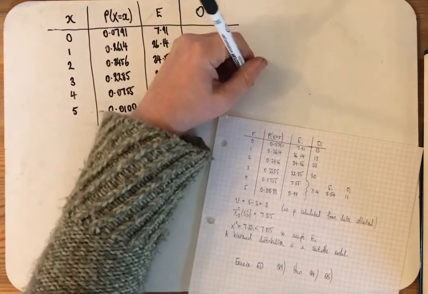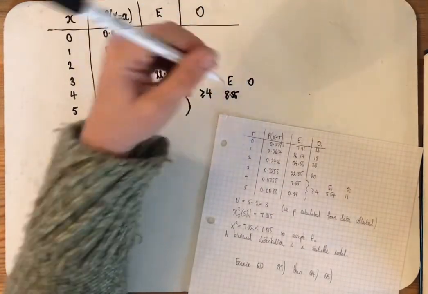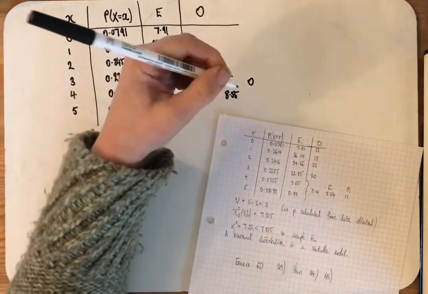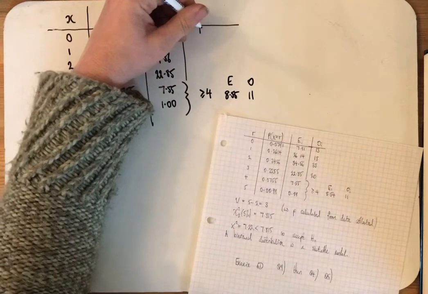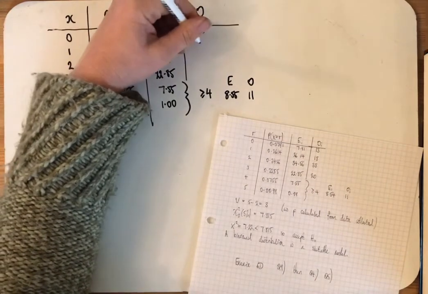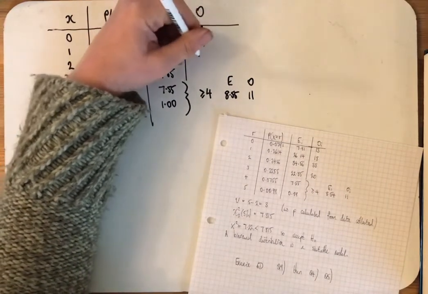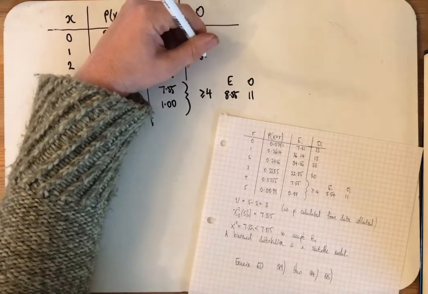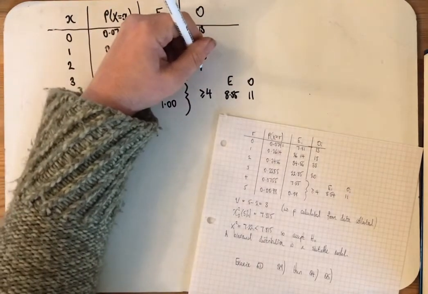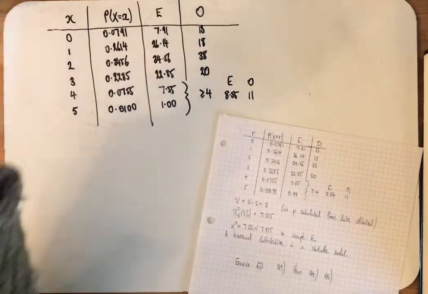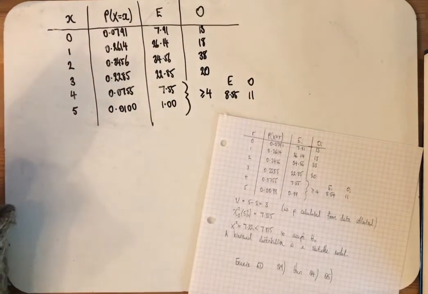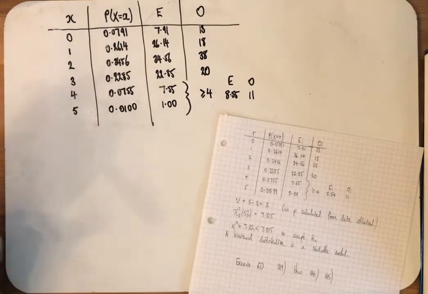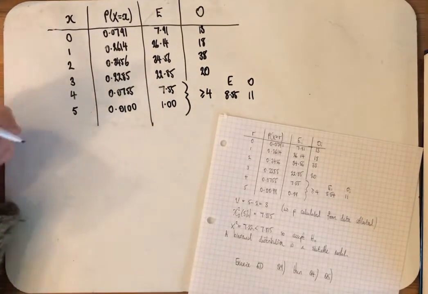The observed value is the 2 added for 4 and 5, which is 11. And then the other observed values were 13, 18, 38 and 20. So it's not looking bad, it's not looking amazing, it's not looking bad. So see what happens when we run it through.